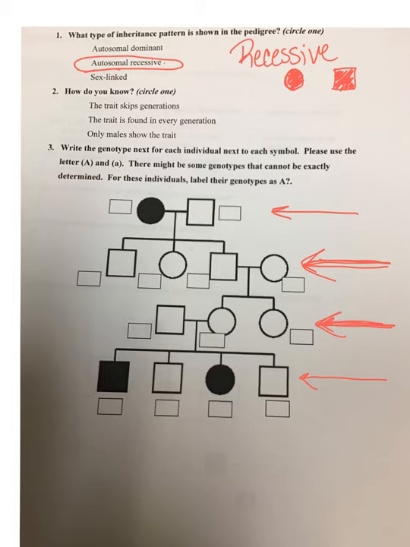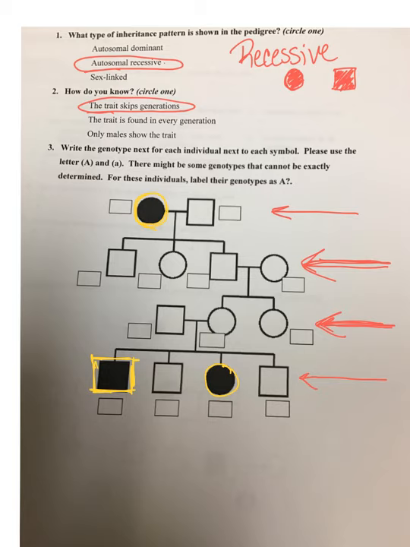So right now in this yellow pen, you can see in generation 1 that this female is shaded. And then it skips generation 2, generation 3, and then down in generation 4, all of a sudden we see some shading coming back again on this male and this female. So the reason we call it recessive is because it skips generations.